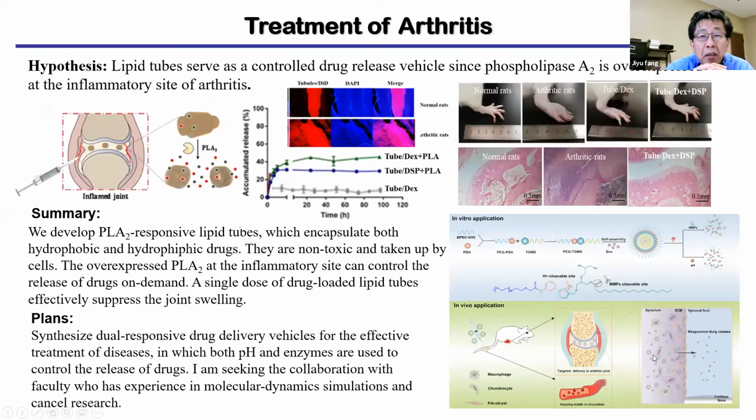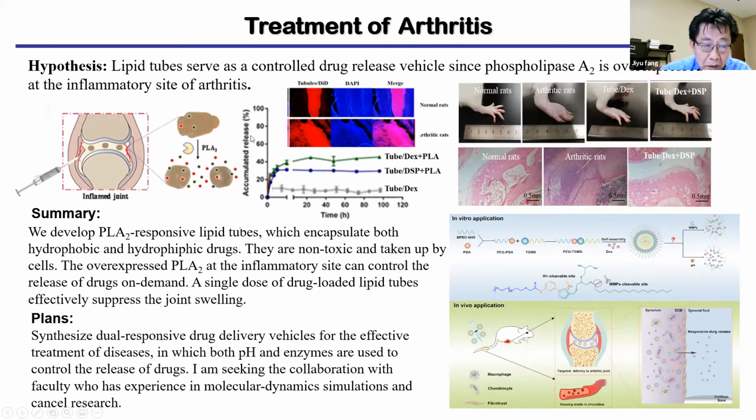Lipase is overexpressed at the disease site. So we expect those enzyme-response lipid tubes can be used to control the release of the drug on demand. The lipid tube is injected at the inflammatory site, and the overexpressed enzyme degrades the tube and triggers the release of the drug.